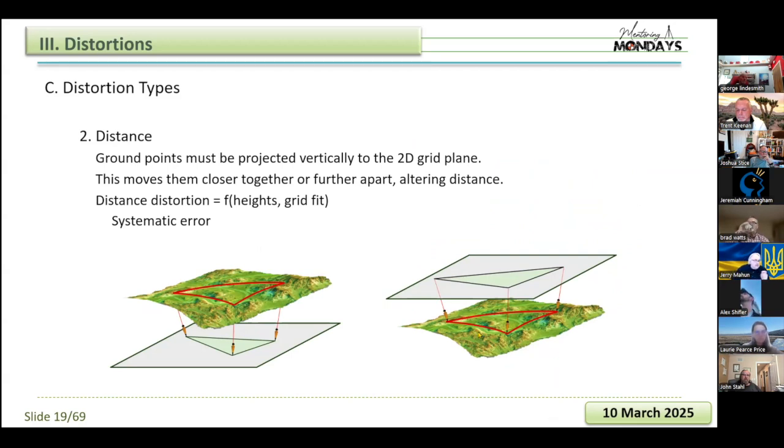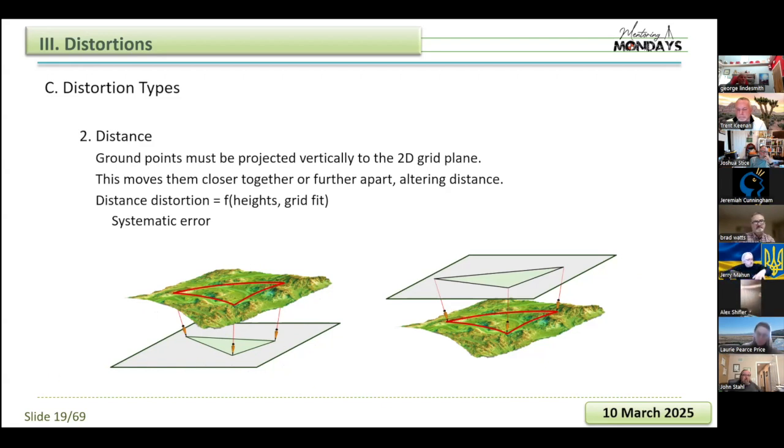So in some cases, I'm taking my real Earth that's curved and it's got all these bumps and all these elevation differences on it, and I'm projecting along my vertical lines eventually down to a two-dimensional plane. Now, if my surface is above my plane, they're going to project with converging vertical lines to that plane, and my distances are going to get shorter.